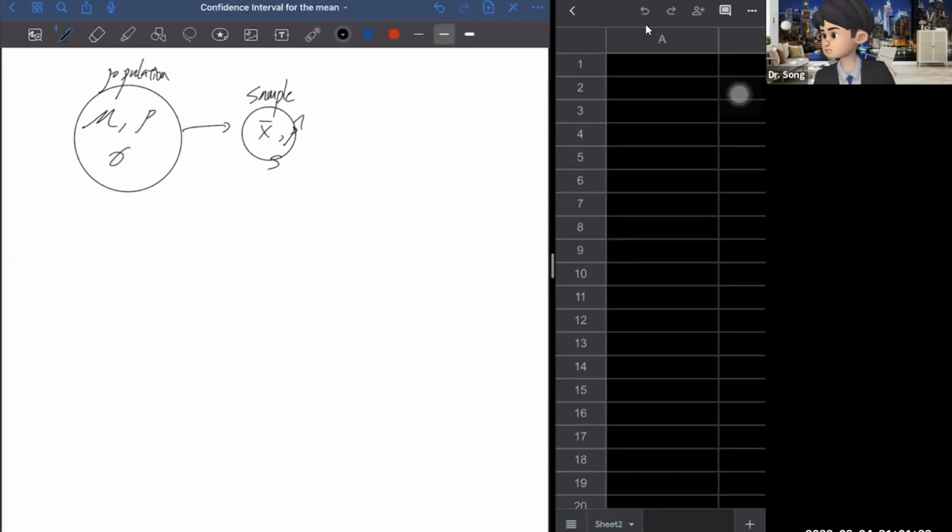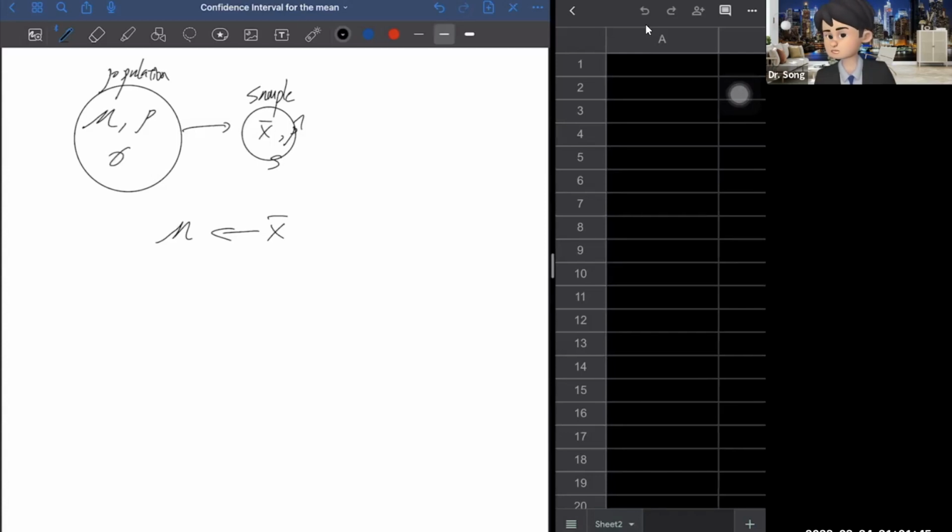So we want to know the population mean mu, but instead we have the sample only. So from the sample, we calculate the sample statistic x bar. Then we say that we estimate the population mean mu by using the sample statistic x bar, okay?